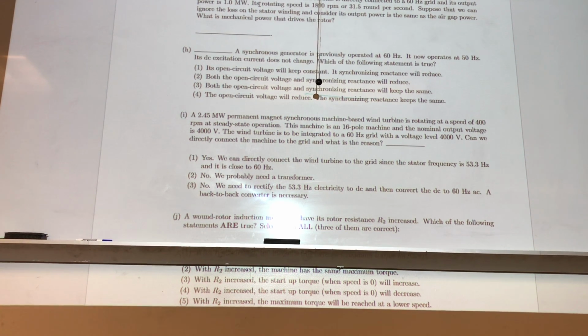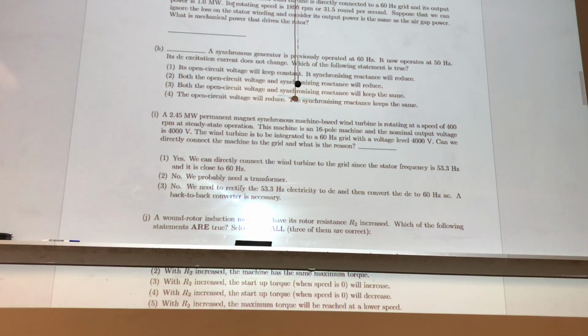Do you guys remember the diagram where I described the power transfer for the induction machine?